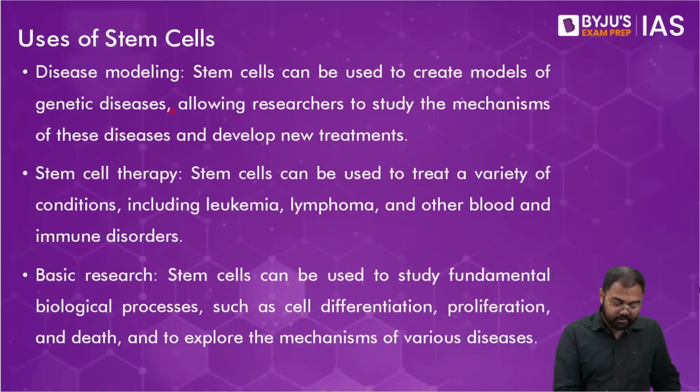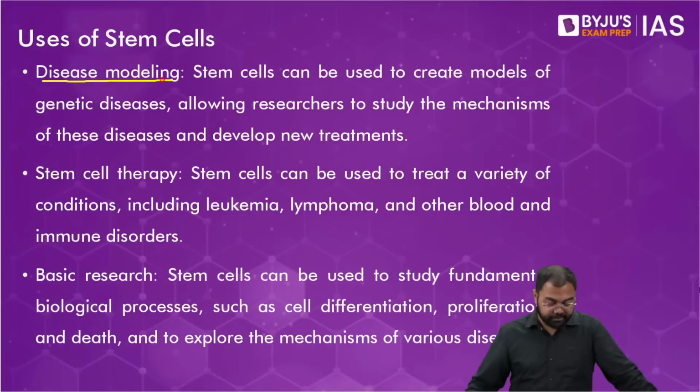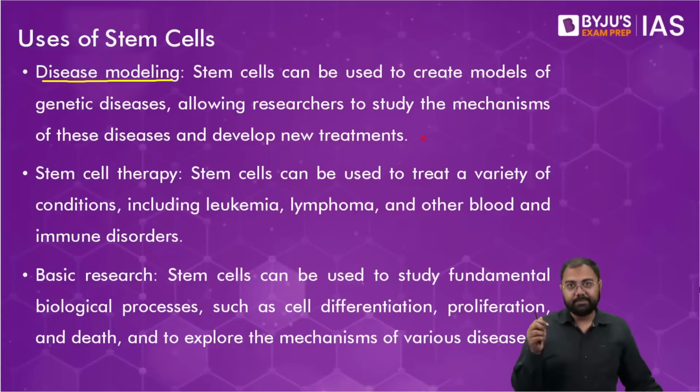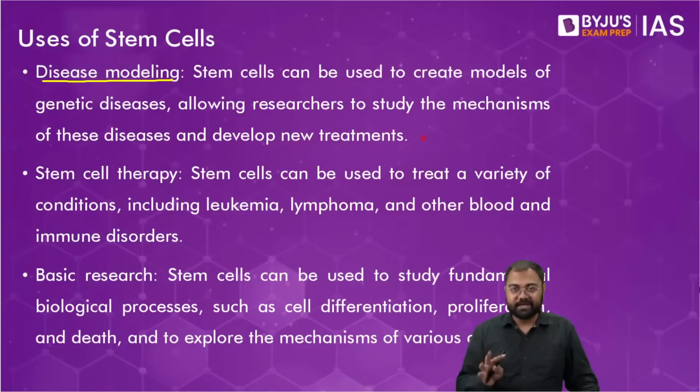Then it can also be used in disease modeling. So what we can basically do is create models of genetic diseases and see how exactly the growth is happening. Because ultimately, maybe some cells, some tissues, some organs are already affected because of some kind of disease.